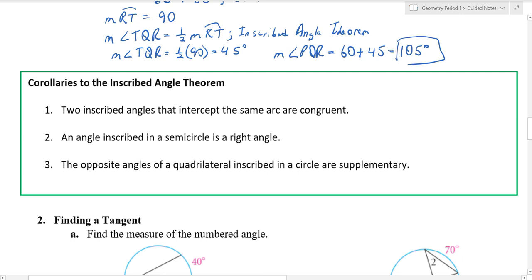Then the last one is the opposite angles of a quadrilateral inscribed in a circle are supplementary.